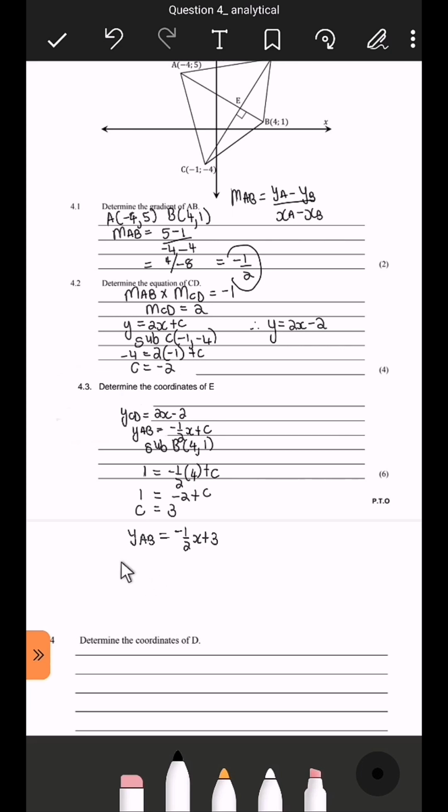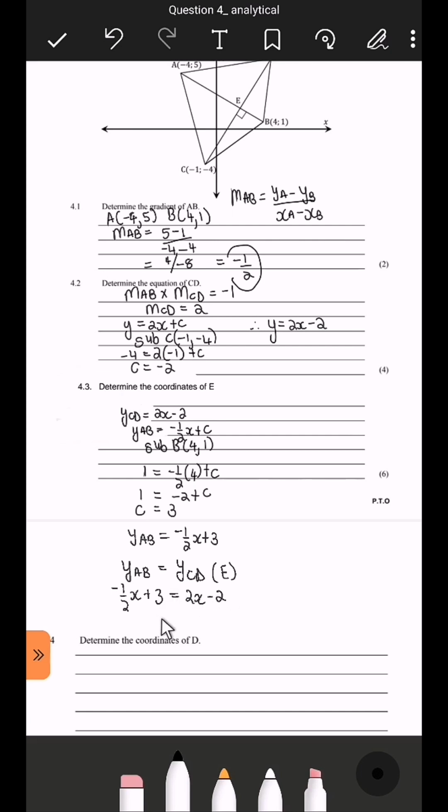The next step is to equate the linear function for AB with the linear function for CD, because it's where they intersect at point E. So we write negative 1 over 2x plus 3 equals 2x minus 2.